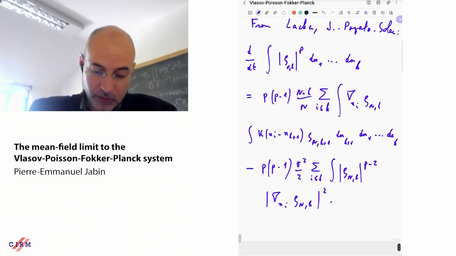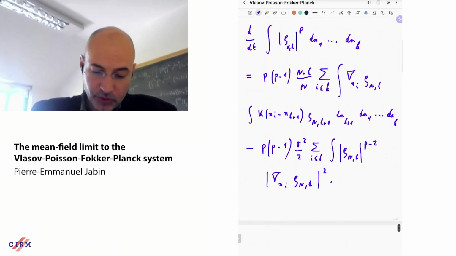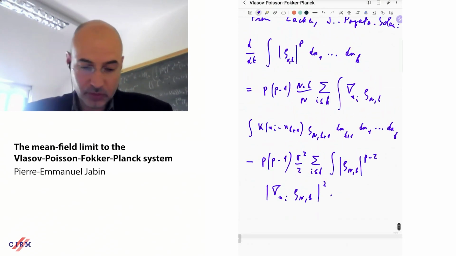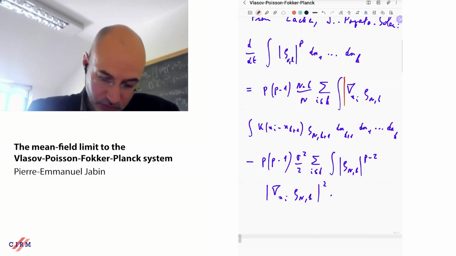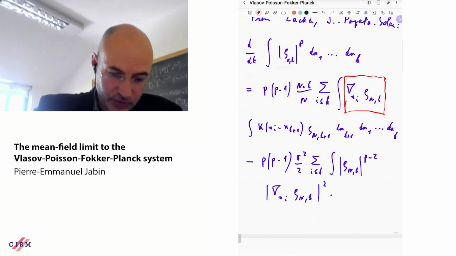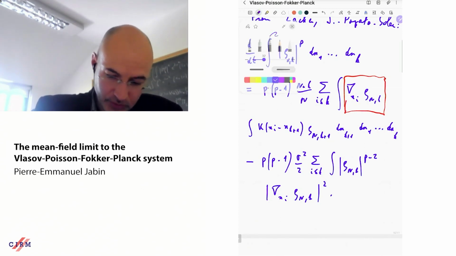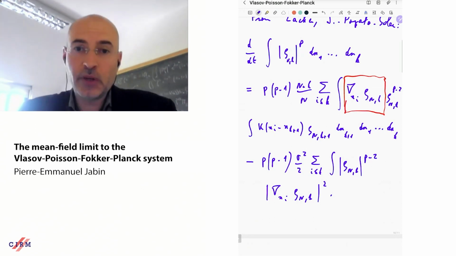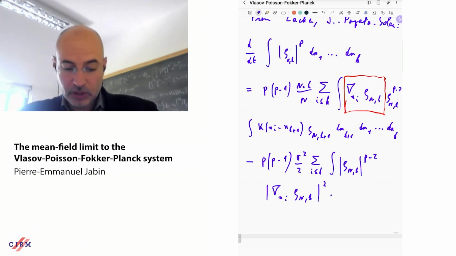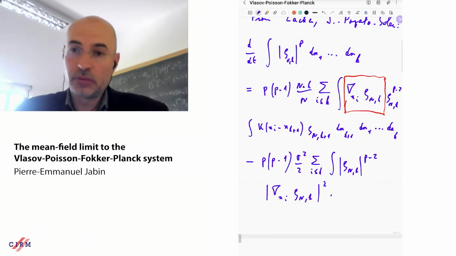And now what I'm going to do here is I'm going to say, well, this bad term, right? This bad term that involves an extra derivative, I'm just going to absorb it by using the dissipation due to the diffusion.